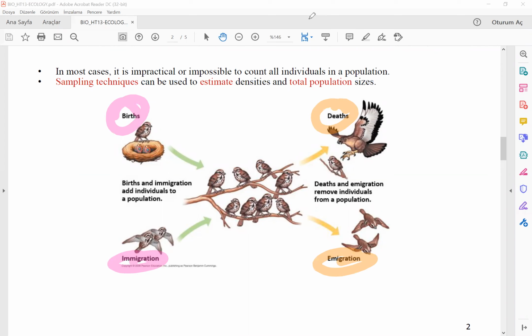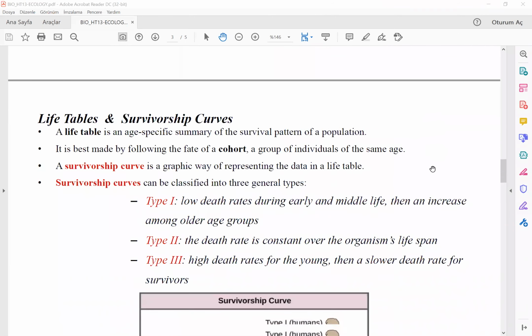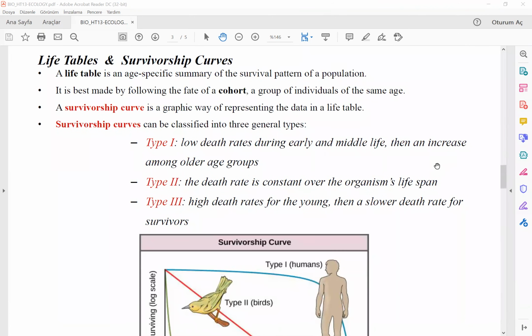Okay, let me explain what life tables and survivorship curves are. A life table is an age-specific summary of the survival pattern of a population. It can be calculated for males and females separately, and it is best made by following the fate of a cohort, a group of individuals of the same age.